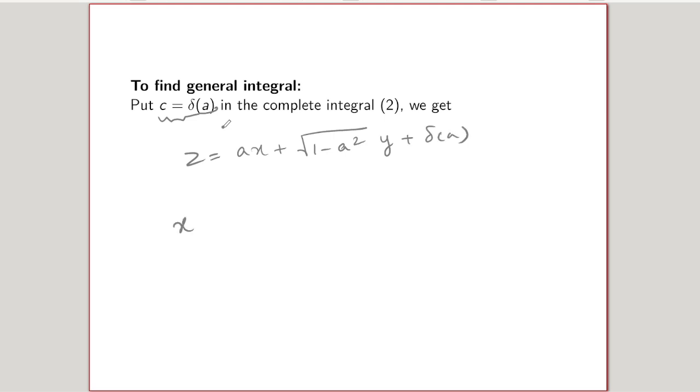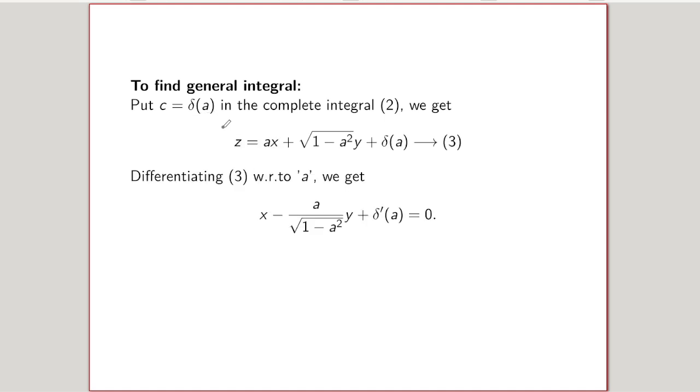So I'll be getting x and the derivative of root 1 minus a square, which we have already done in the previous question. So it is minus a divided by square root of 1 minus a squared into y plus delta dash of a, and this will be equal to 0. Now eliminating a from these two equations, we'll obtain the general integral.